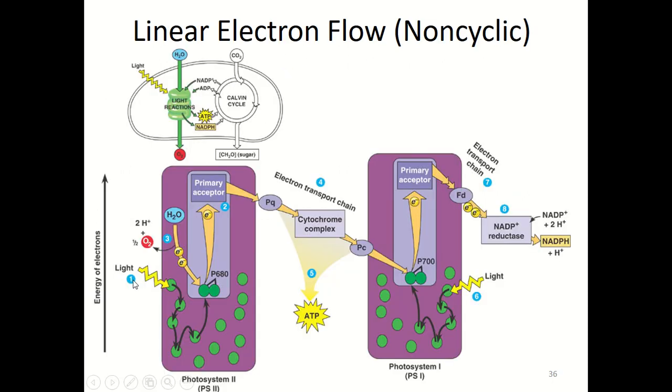So this is number one. The light will strike in the form of a photon, and then the pigment will transfer the energy from one pigment to another pigment, and then goes to chlorophyll A, and then the electron in chlorophyll A from the ground state will go to the excited state and will be accepted by the primary electron acceptor.